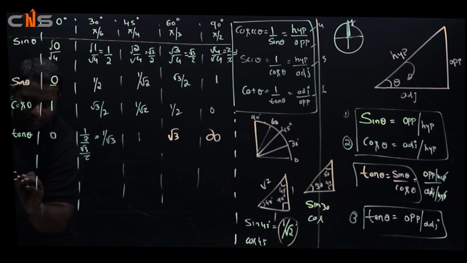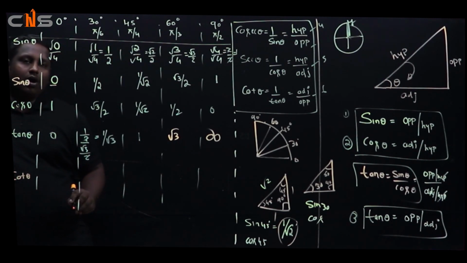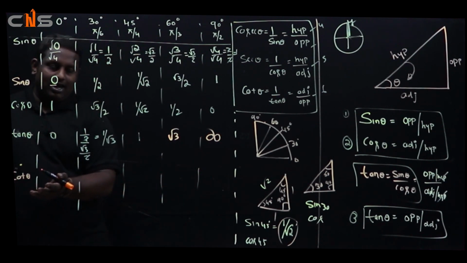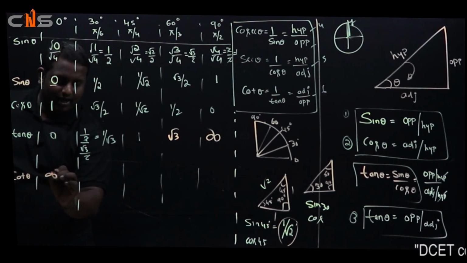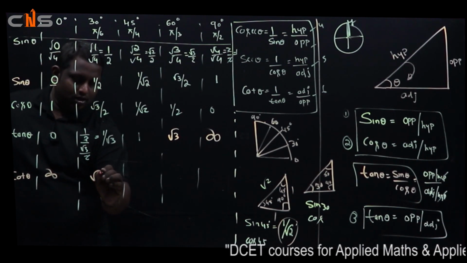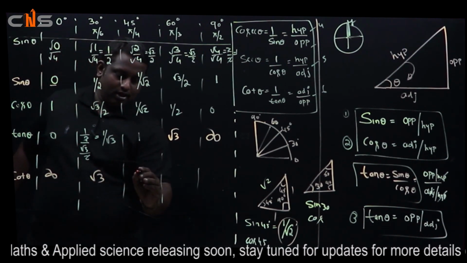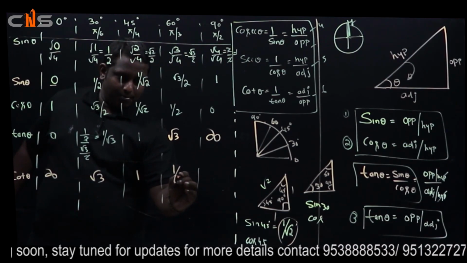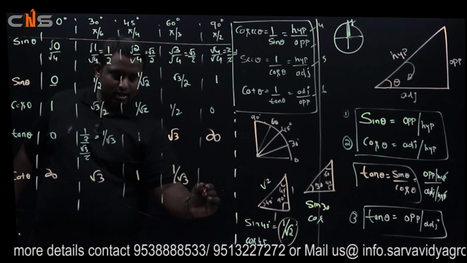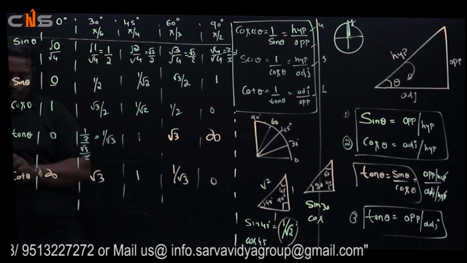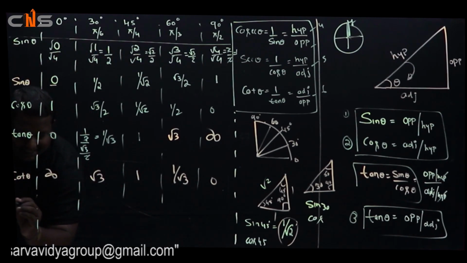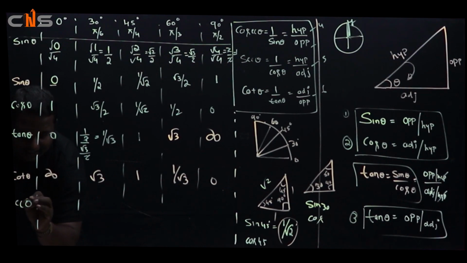Then what about cot theta? Cot theta is the reverse of tan theta, that is infinity. Then root 3, that is the inverse of tan theta. Then 1, then 1 by root 3, then 0. Then what about secant theta?